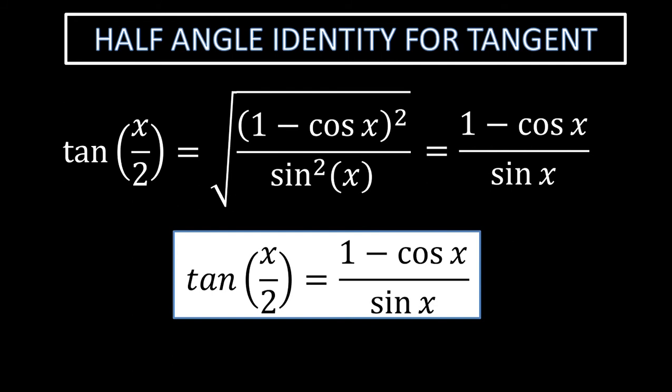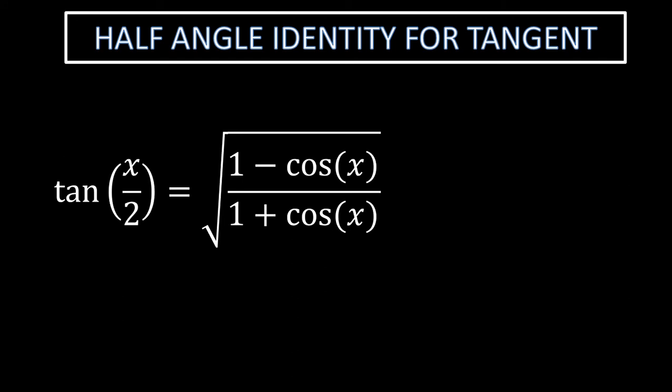Now, we can still make one more half angle identity of tangent. So we use again the identity we generated earlier, which is this. This time we multiply both the numerator and the denominator by the conjugate of the numerator. The conjugate of the numerator, 1 minus cosine x, is 1 plus cosine x.